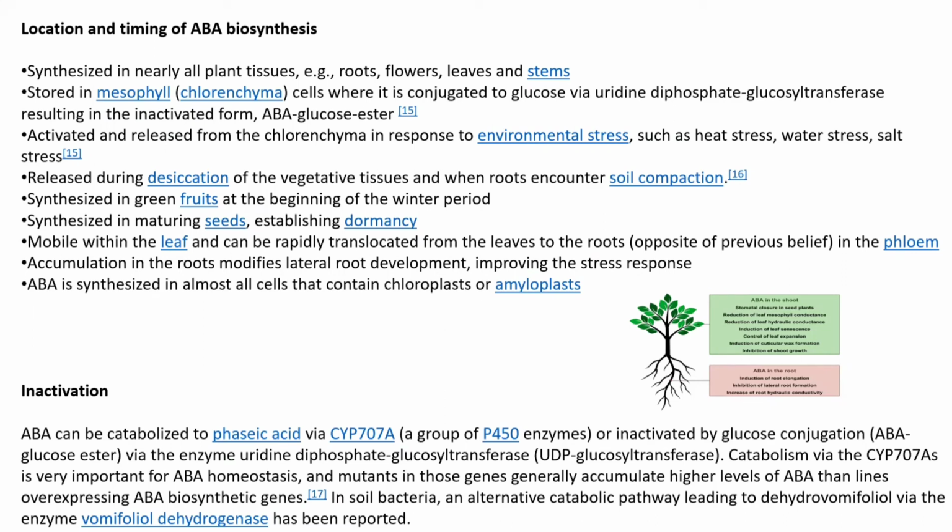The cytochrome 707A enzyme is very important for abscisic acid homeostasis. Generally, lines overexpressing biosynthetic genes accumulate higher levels of abscisic acid. In soil bacteria, there is an alternative catabolic pathway leading to vomifoliol. The enzyme vomifoliol dehydrogenase has been reported.